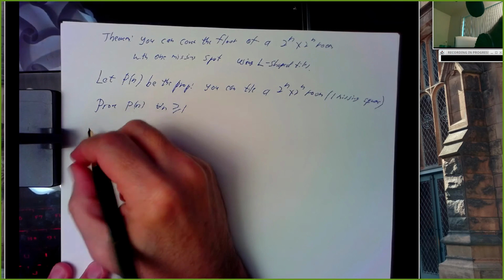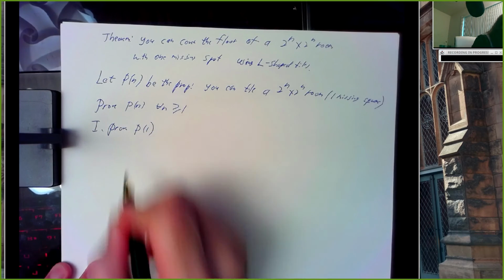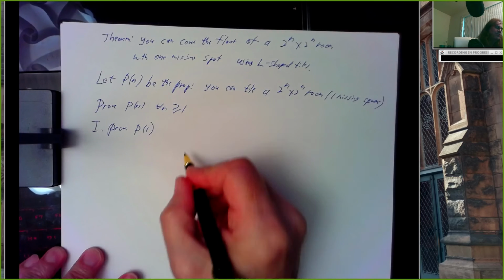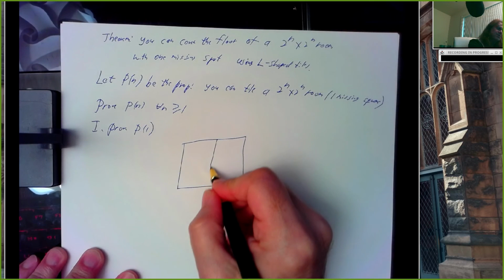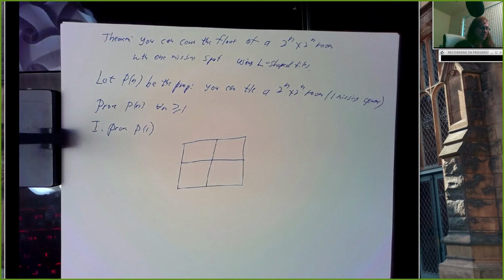So step 1, we need to have a base case. Prove P of 1. Well, P of 1 is the proposition that if you have a 2 by 2 room, you can tile it with these L-shaped pieces, assuming there's one spot missing. And there's 4 possibilities.